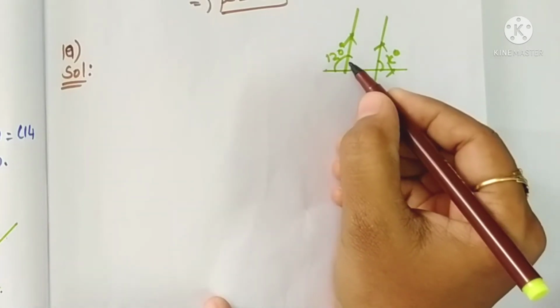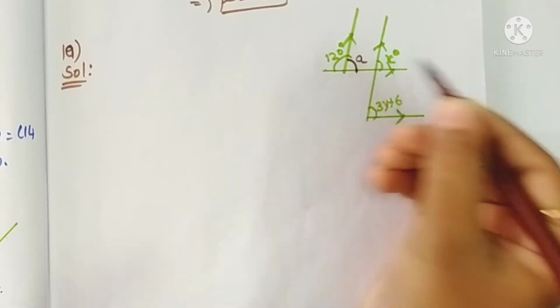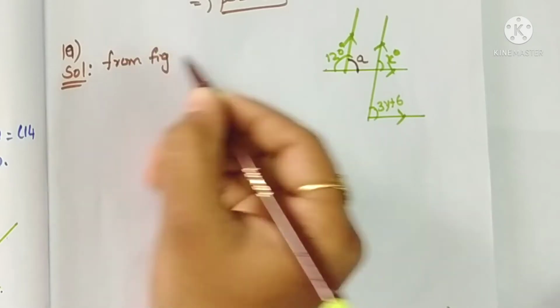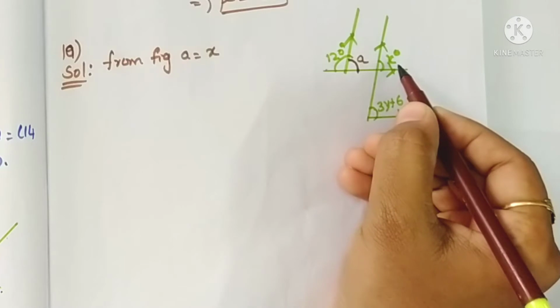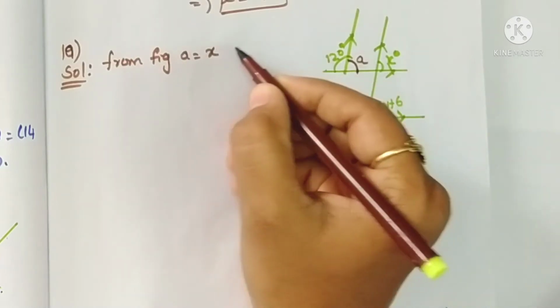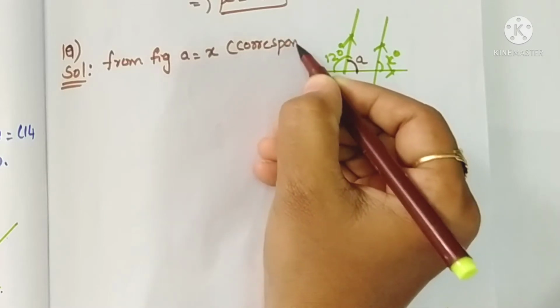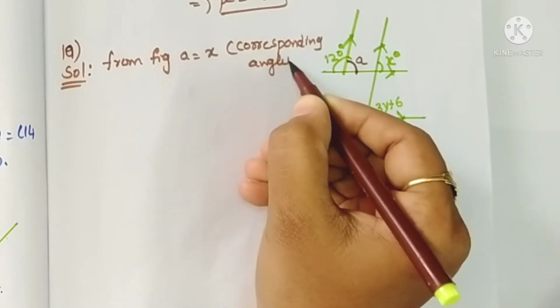Otherwise, we can do it like this also. Let this angle be A. From the figure, we can say that A equals X. Why? One is interior, the other is exterior, they lie on the same side. So these are corresponding angles.